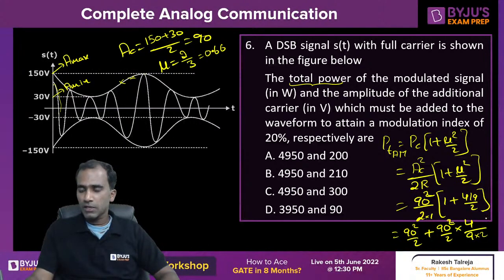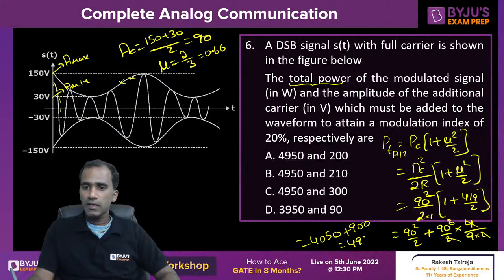The 2s cancel, and in 90 square, which is 90 into 90, a 9 gets cancelled, so this part becomes 900. 90 square by 2 is 8100 divided by 2, which is 4050, plus 900. So it becomes 4950, and because it is power, the unit is watts.